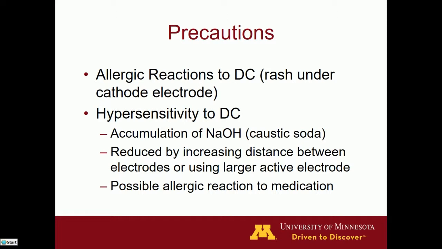You can get that, and that rash can even progress if you have a really severe reaction to an open wound, which is definitely something that you don't want. Use of a buffer, careful skin prep, and increasing the distance between the electrodes can help with this. Also, a larger active electrode can disperse current compared to a smaller electrode, which concentrates the current.